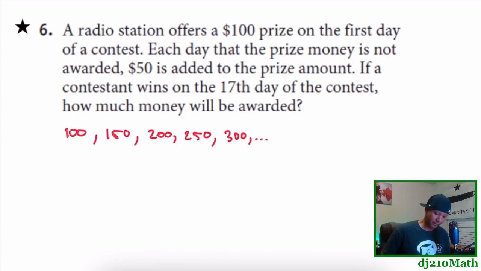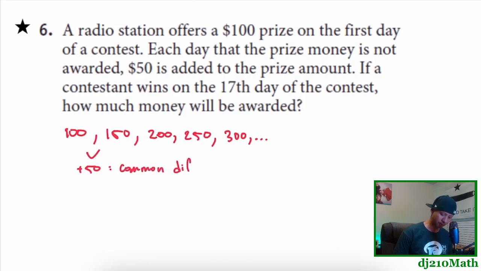If a contestant wins on day 17 of the contest, how much money will be awarded? Well, we know that we're adding 50, so the common difference is 50. We're looking for the 17th day, so n is equal to 17.